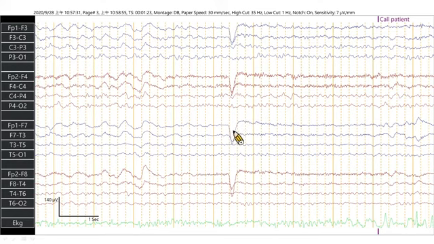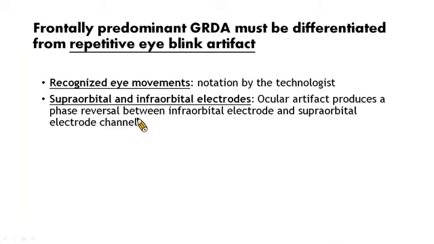The contour may be sharper, and the field is smaller than the forearm. But most important, we can recognize eye movement by the notation of technologists and the supraorbital and the infraorbital electrodes, because ocular artifact produce a phase reversal between infraorbital electrode and the supraorbital electrode channels.